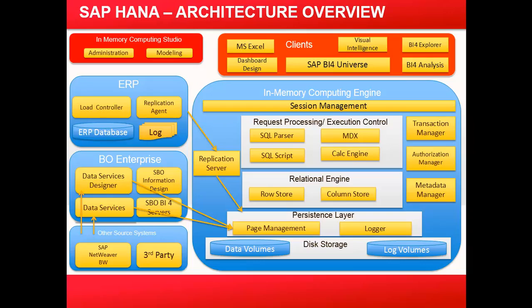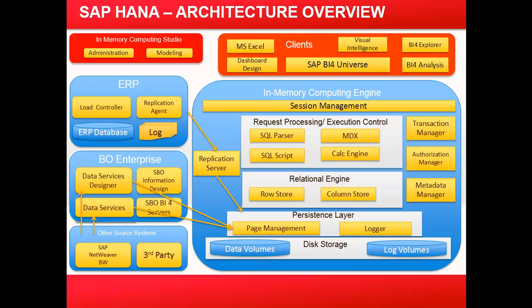It is used for real-time replication into SAP HANA. Then you can see the SAP BW NetWeaver system, which can also connect to SAP HANA through Data Services. Through the Data Services Designer we can design the replication scenarios, and through the Data Services job server it can connect to SAP HANA.